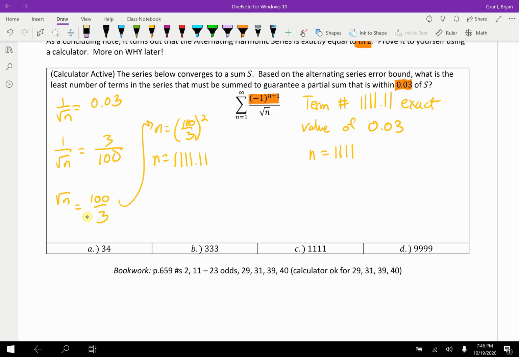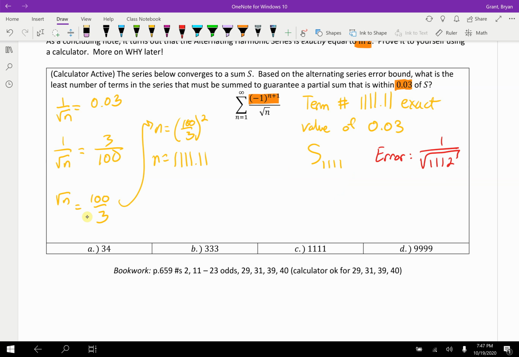Let's actually say that I find the partial sum of the first 1,111 terms. Well, then my error will be the next term, and the next term is 1 over the square root of 1112. Right? That's the next term that I didn't use if I add up the first 1,111.